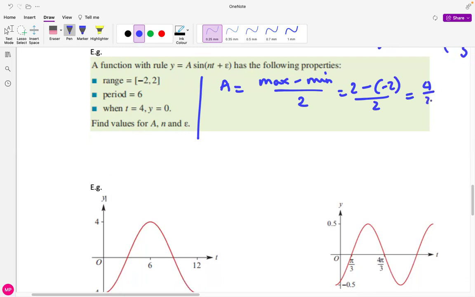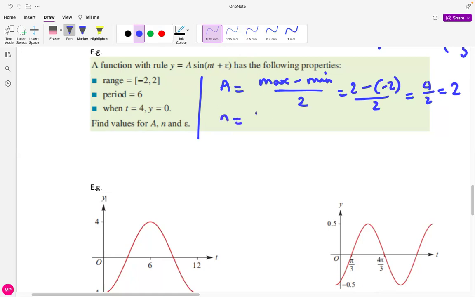So 4 divided by 2 equals 2. Or you can just say that the range is -2 to 2, so of course the amplitude equals 2. Now there's no B. B, the midline, is 0 because they don't move up and down at all. Now we just find n.